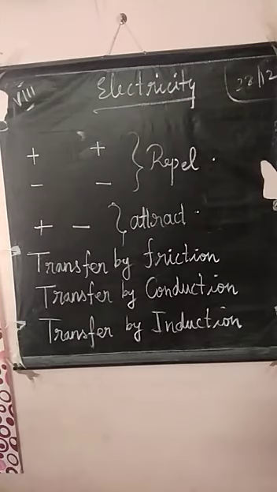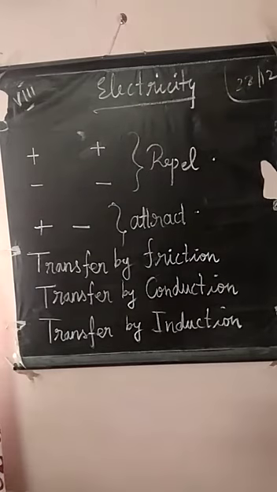Protons means positively charged and electrons means negatively charged. So there are two types of charges, positive and negative. Okay, same charges repel each other: positive repels positive, negative also repels negative.